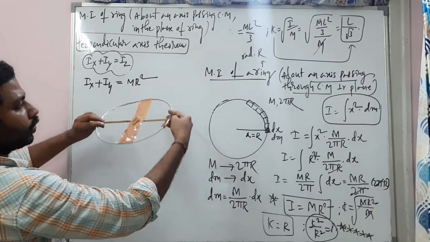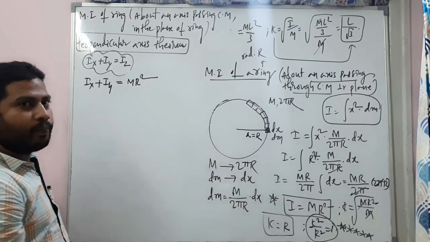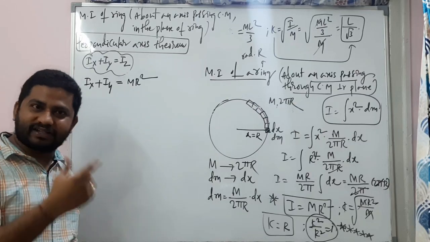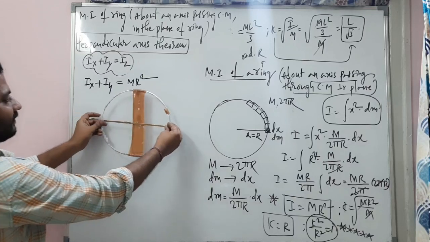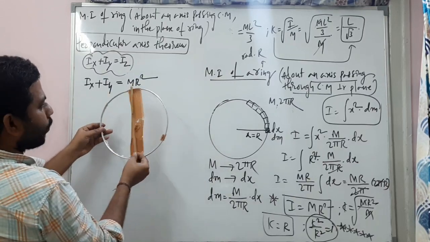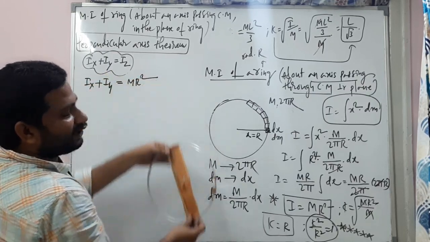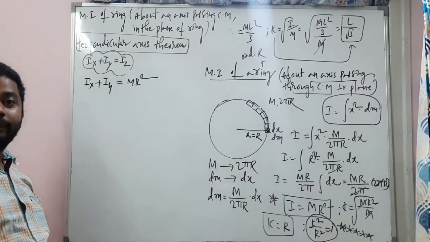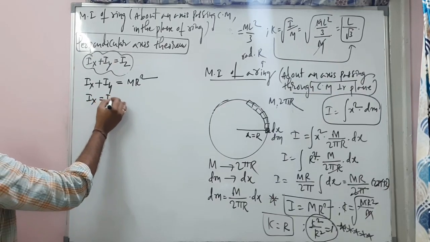So whether Ix or Iy, both are the moment of inertia of the ring about the diameter only. See here, this is the x-axis. See here, this is the y-axis. Same. About the diameter only, moment of inertia of the ring. So I can write Ix is equal to Iy.